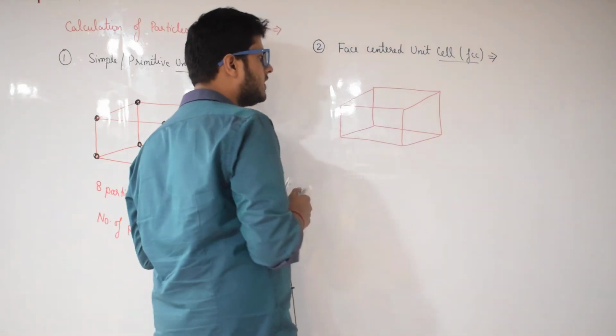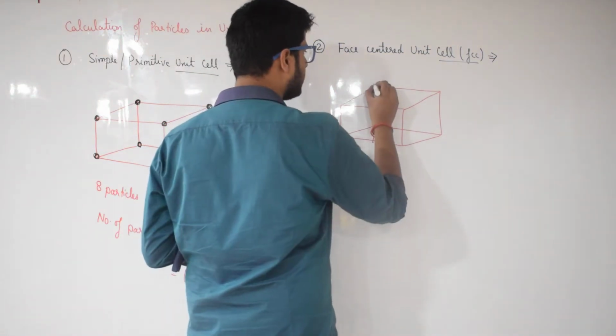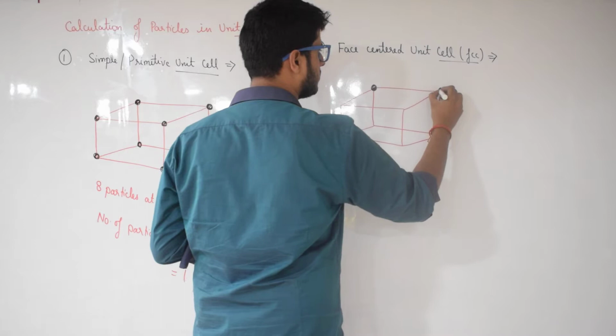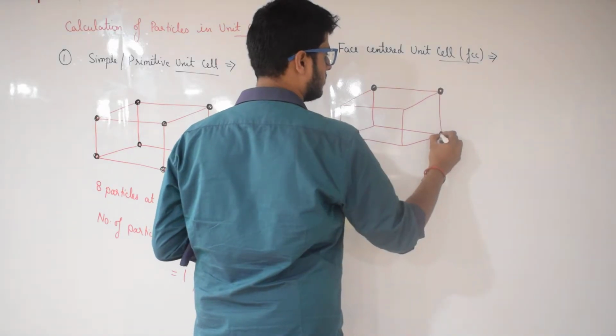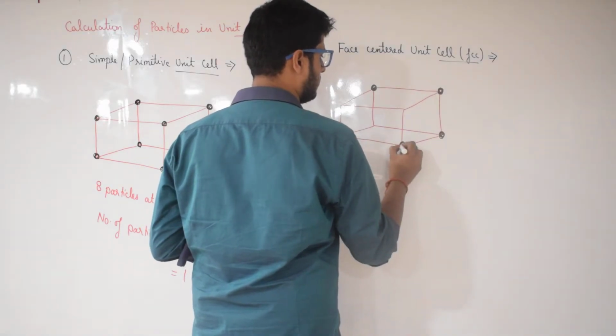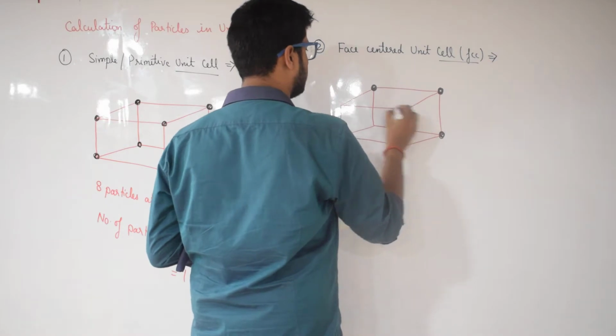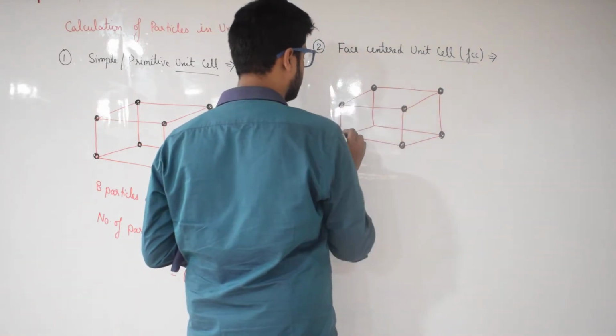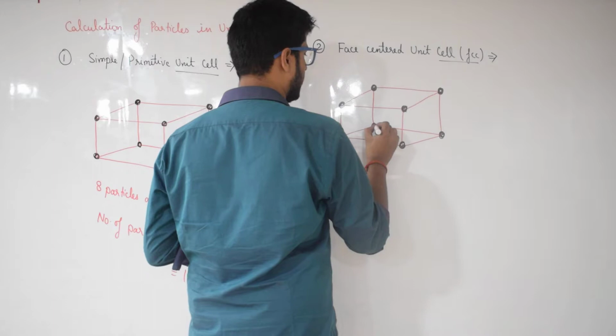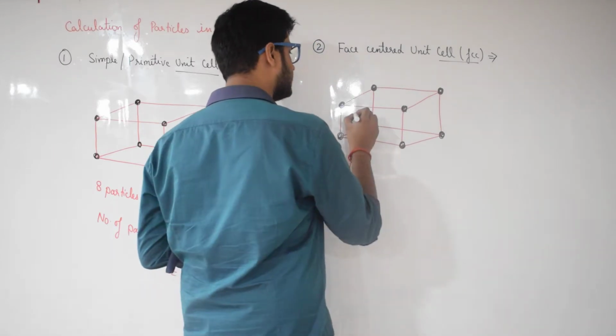In case of FCC arrangement, we have 8 particles at the corners, and we have 6 particles at 6 face centers.